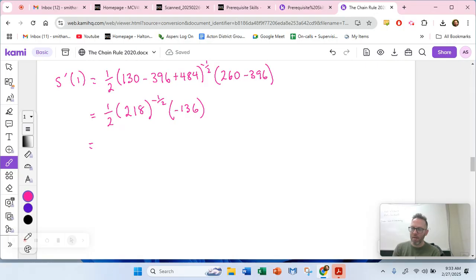So 218 to the power of negative 0.5 times 1/2, or times 0.5, and then times negative 136. So at the end of the day, I got, to 1 decimal place, negative 4.6, and that would be kilometers per hour. You guys get that too?